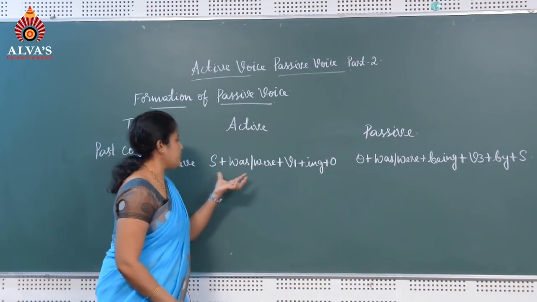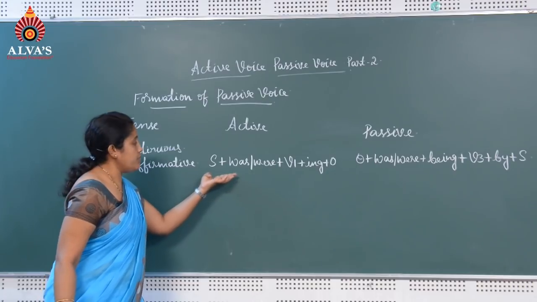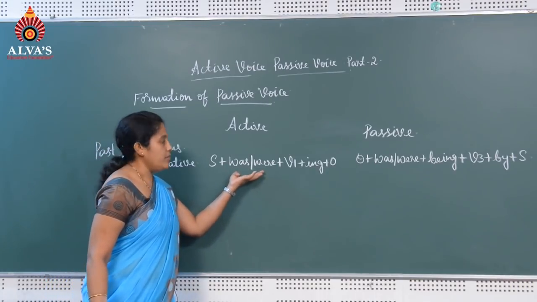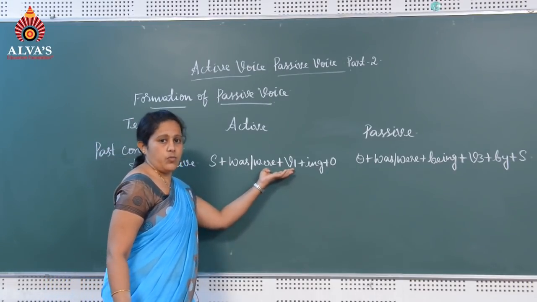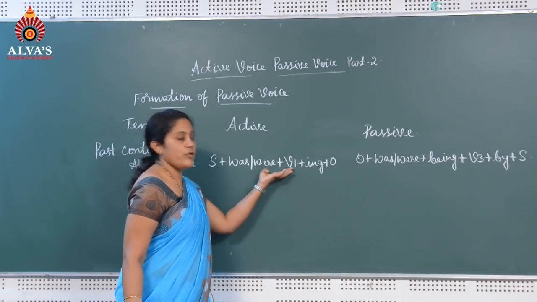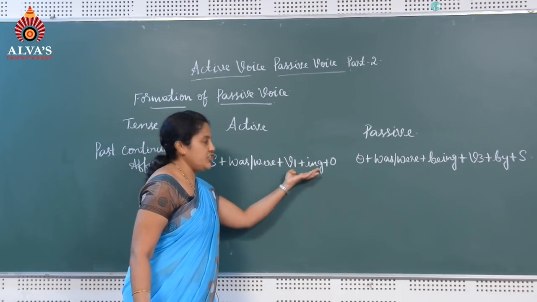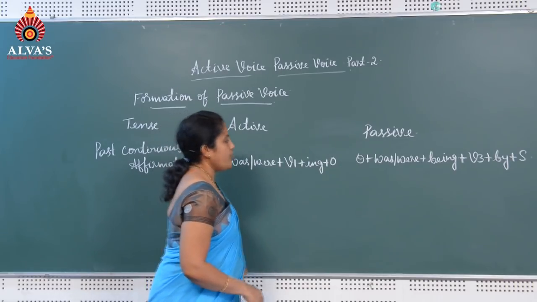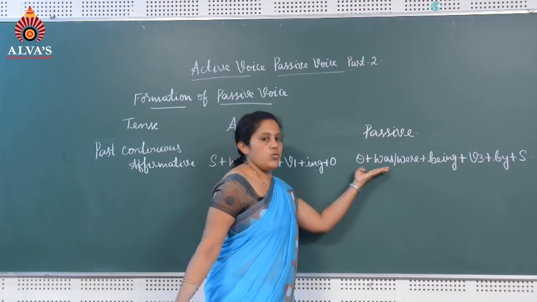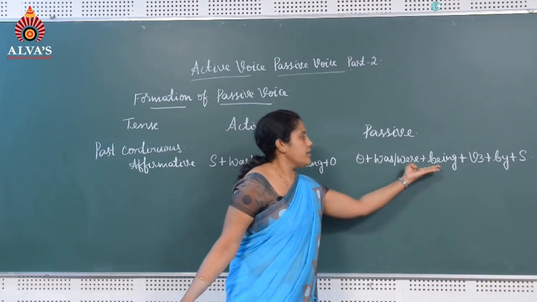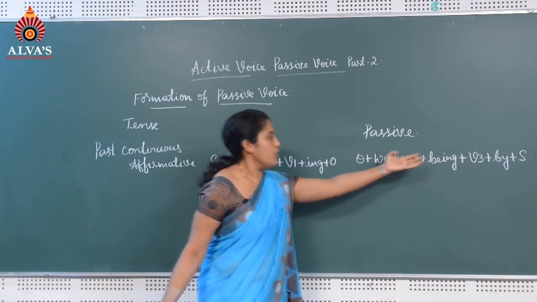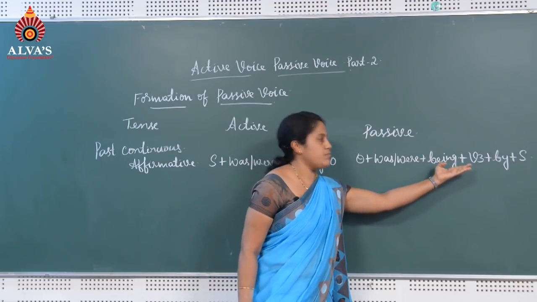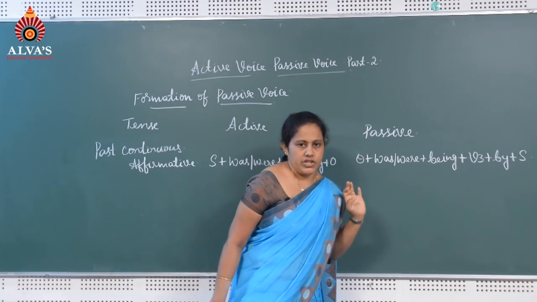So, in active voice: subject plus was or were plus V1, that is the first form of the verb, plus ing plus object. When it comes to passive voice, the formula is object plus was or were being plus V3 form of the verb plus by plus a subject.